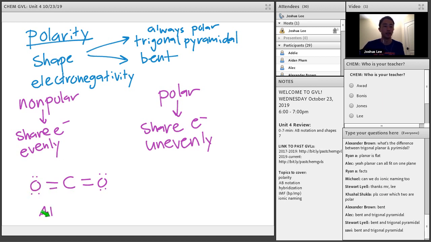This is an AB2 and it's linear. So what helps you answer these questions is to know two things about electronegativity. The trend for electronegativity increases going up and to the right. So the more up and to the right you go, the stronger the electronegativity, the better it is at taking the electrons. And certain elements that we use often enough, we have that weird made up word called Foncklebrüsch.